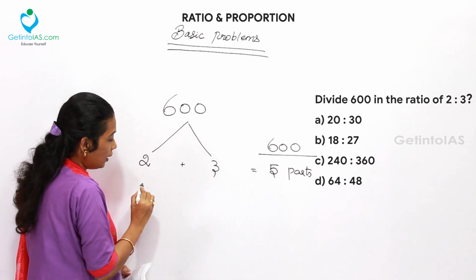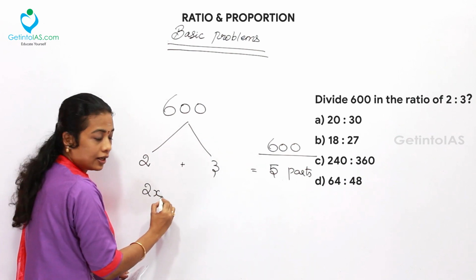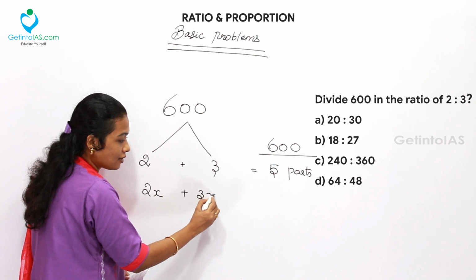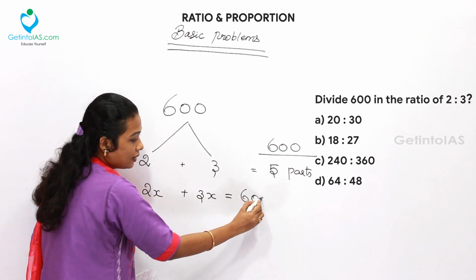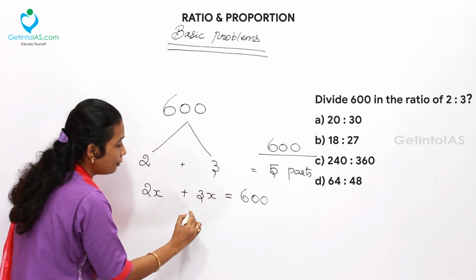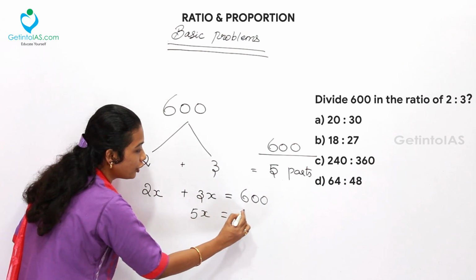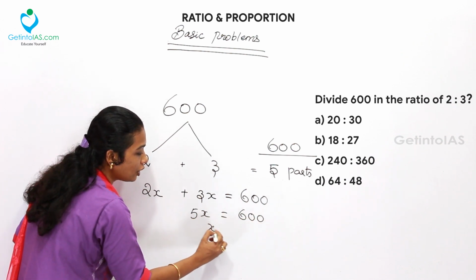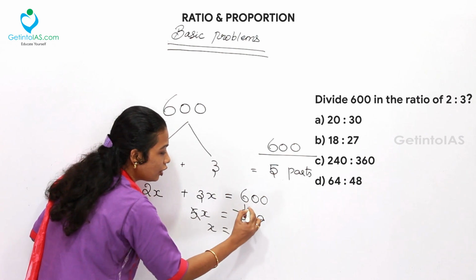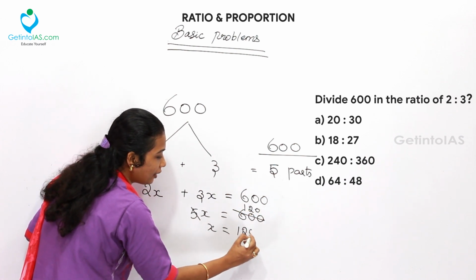Or else you can consider this as 2x and this as 3x, which is equal to 600. This is the equation based method. Simply you will get 5x is equal to 600, then x is equal to 120.